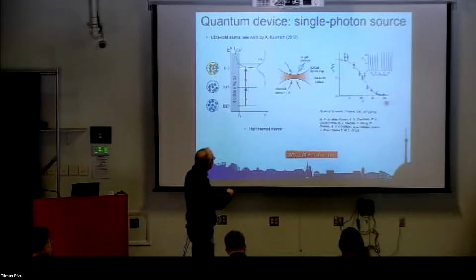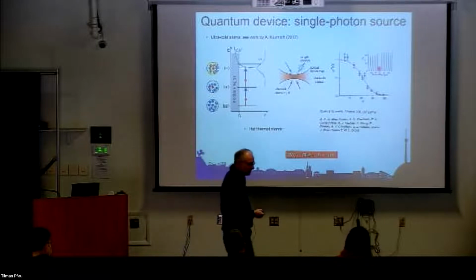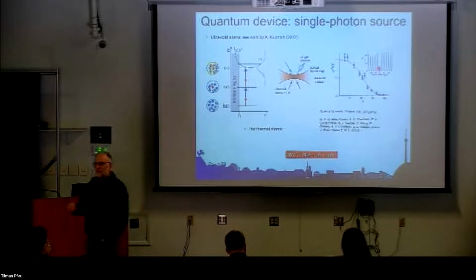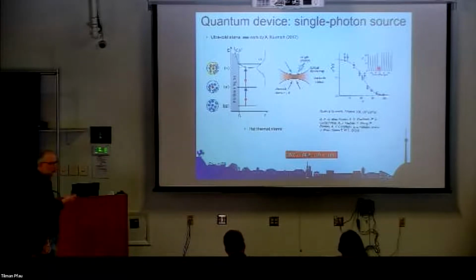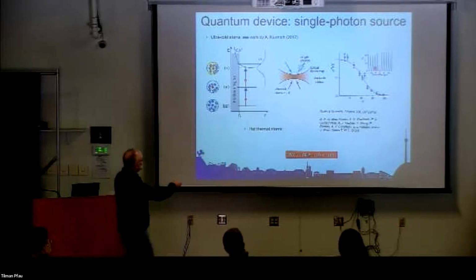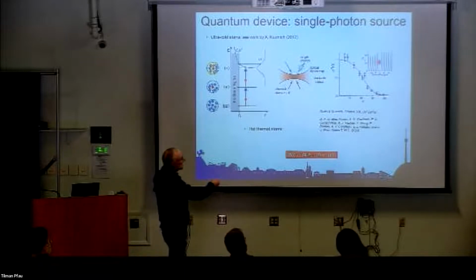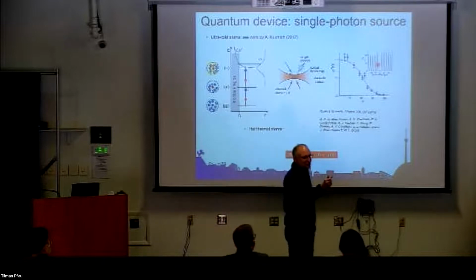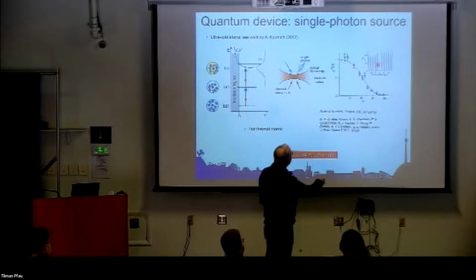And here you see the result of the G2 of 0. If you measure the statistics of light coming out of a source, one thing you can do is measure the two-photon correlation, G2, intensity correlation. And if you have detected one photon, you shouldn't detect a second one. That means that the G2 is 0.